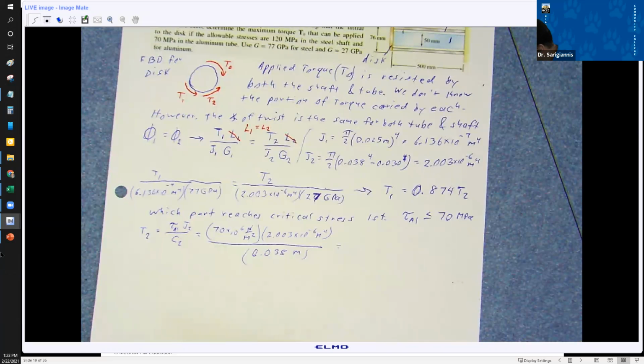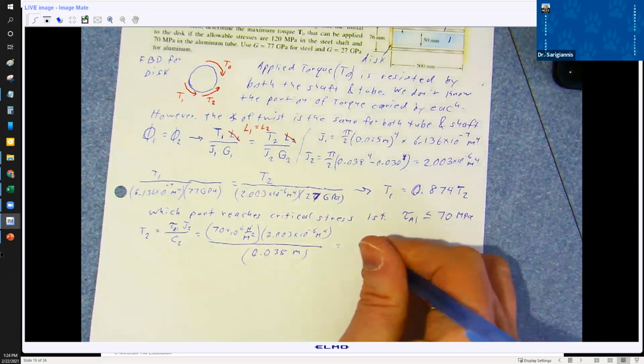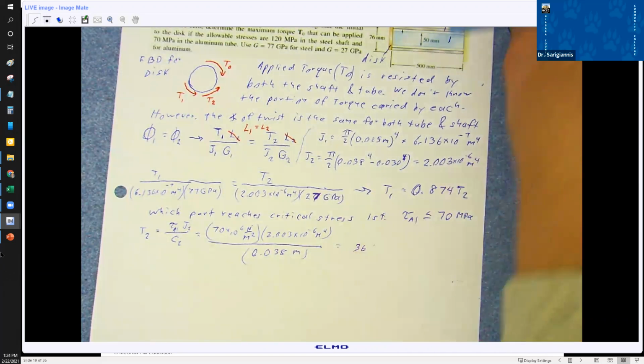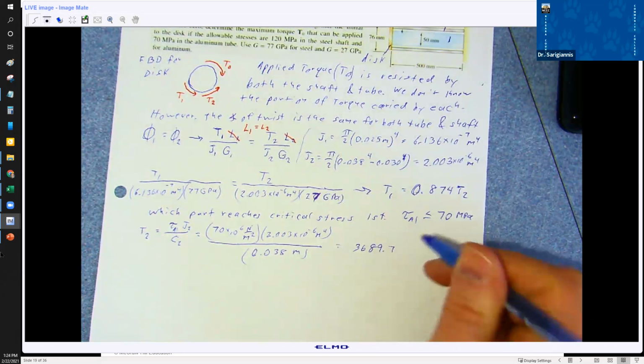So 70e6 times 2.003e-6 divided by 0.038. This turns out to be 3689.7. What are the units on this?